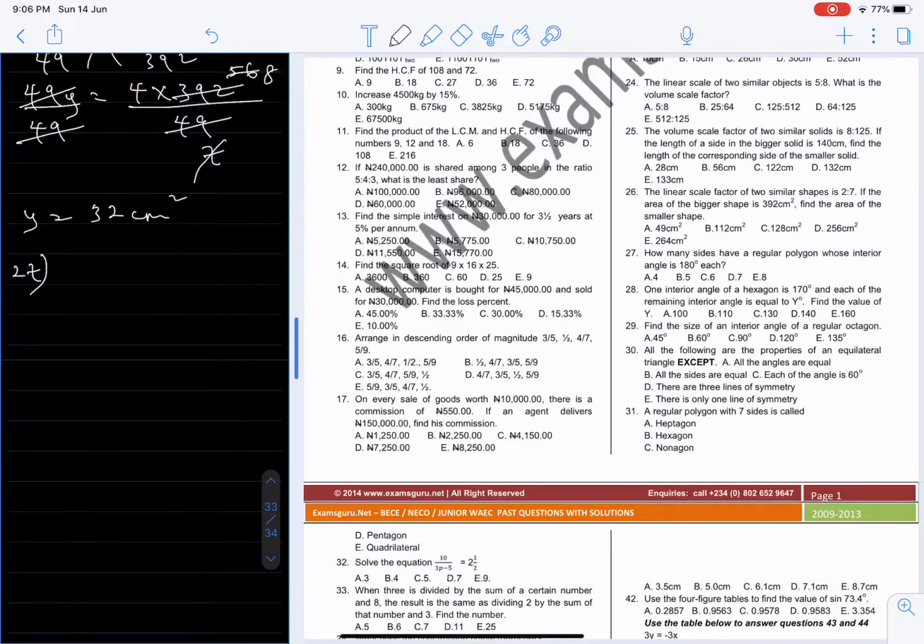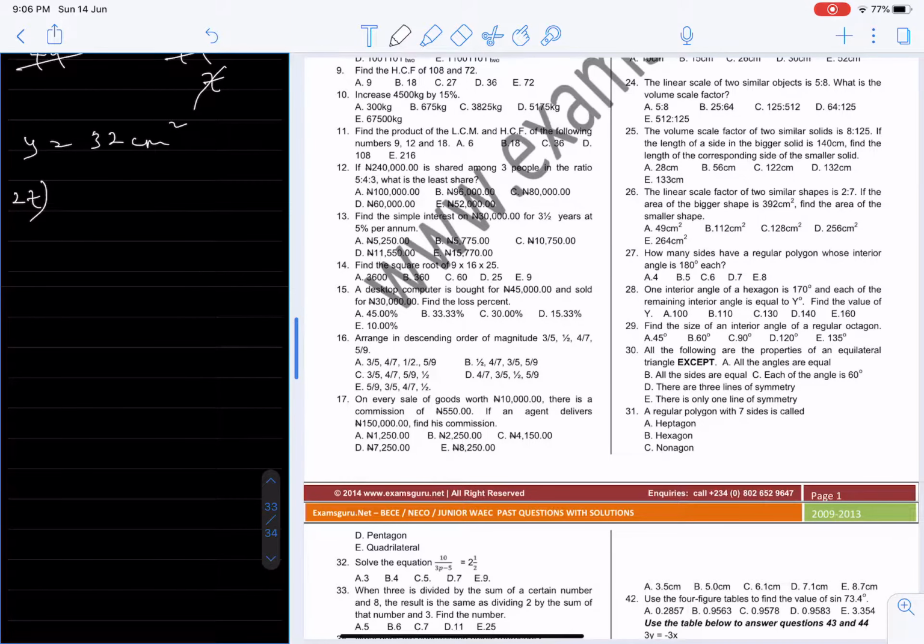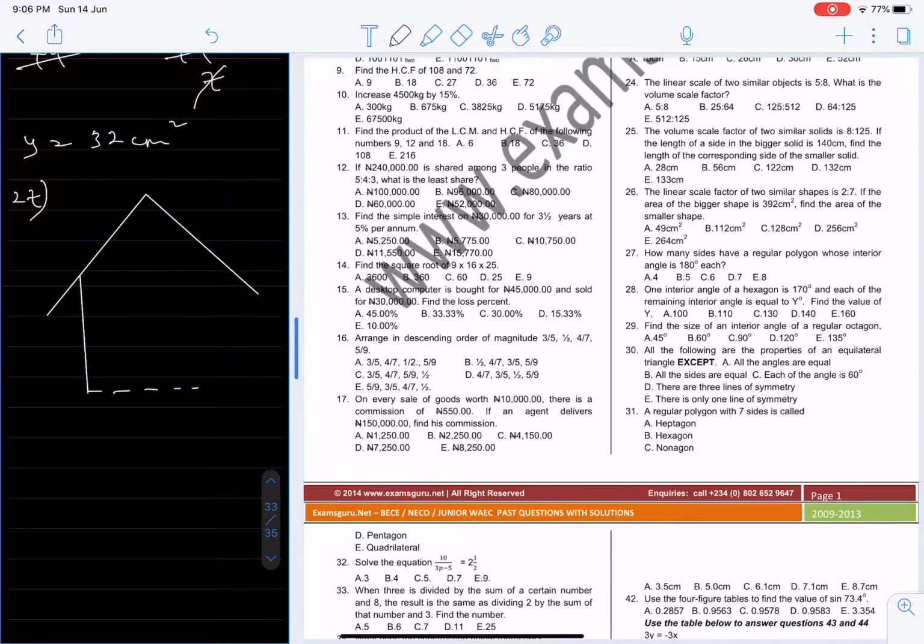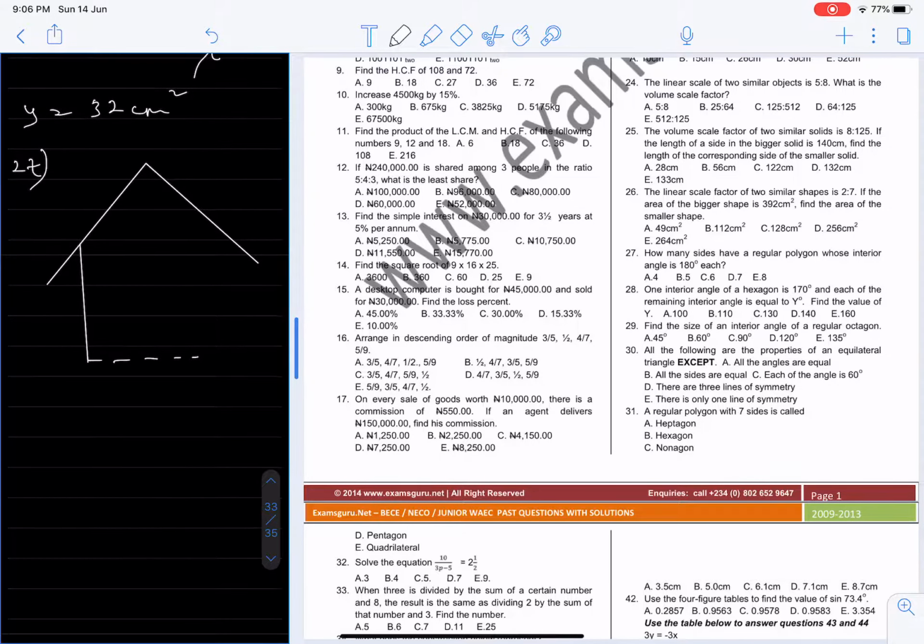Okay. I can find the number of sides by finding the size of each exterior angle. Now I know the size of each interior angle, but I don't know the number of sides the polygon has. So this is a way to draw a polygon whose number of sides is not given. You can just draw it this way to mean that you don't know the number of sides it has.